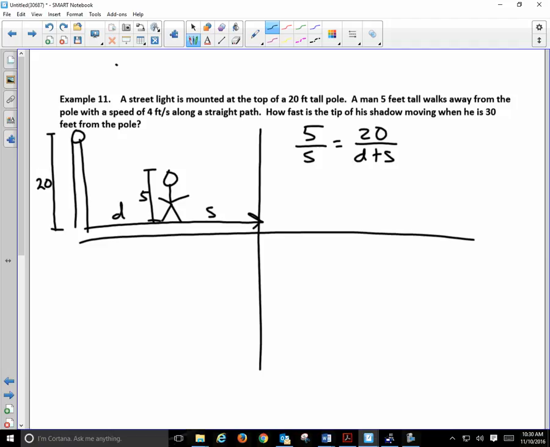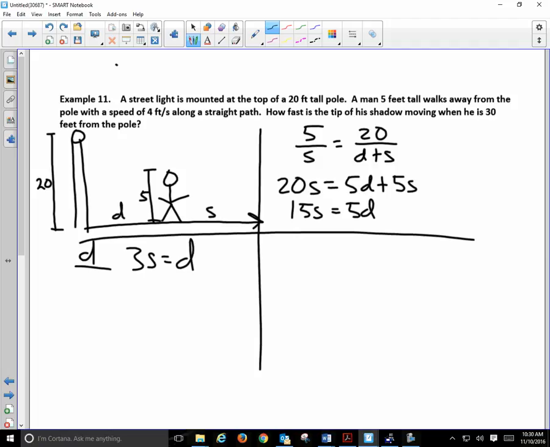Quotient. I don't really like that idea. So what should we do instead? Cross multiply. 20S is equal to 5D plus 5S, or 15S is equal to 5D. Or in other words, 3S is equal to D.